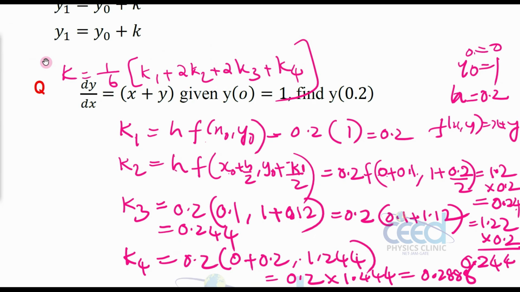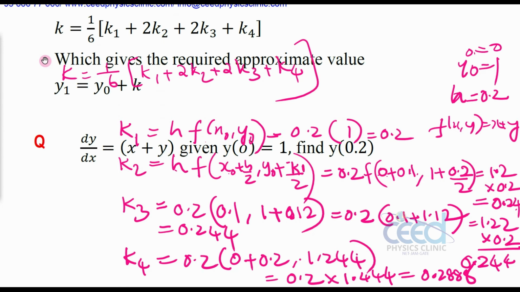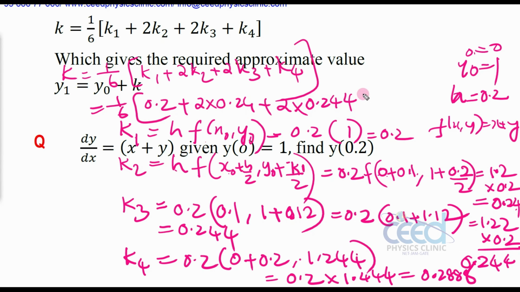Now we can substitute all the values here. 1 by 6 into k1, which is 0.2, then k2 is 0.24, that is 2 into 0.24. 2k3 is 2 into 0.244. And k4 is 0.2888. Now let me add all this.